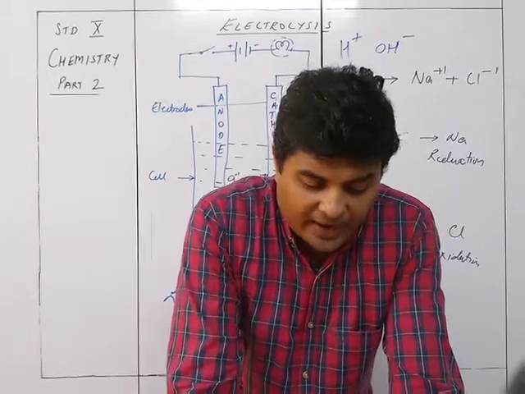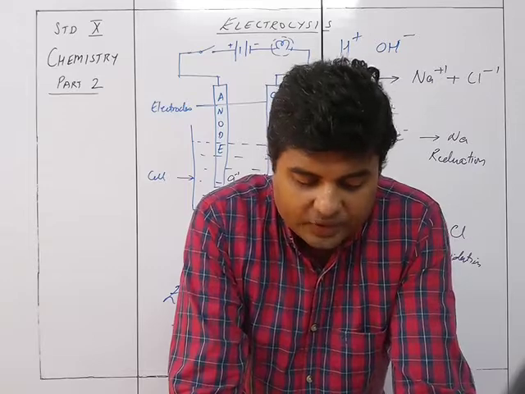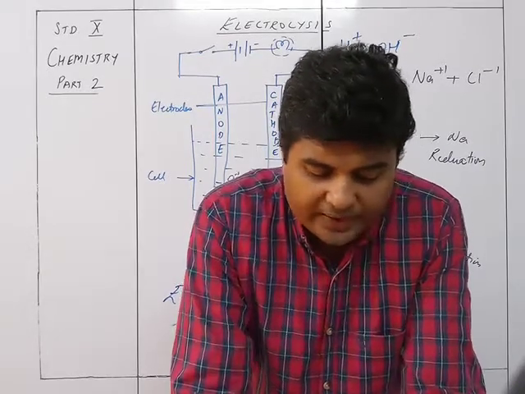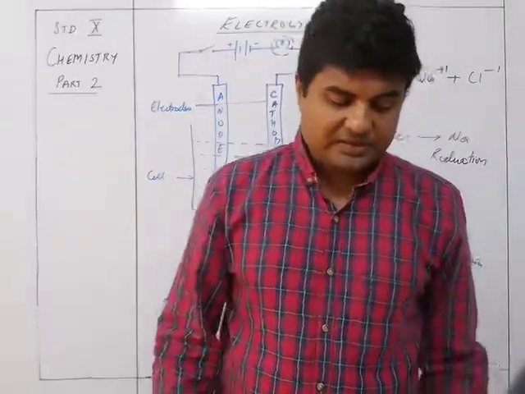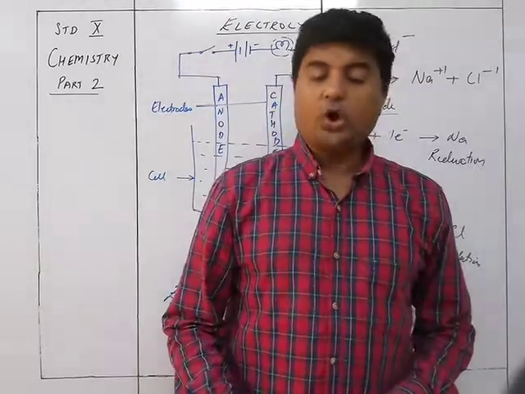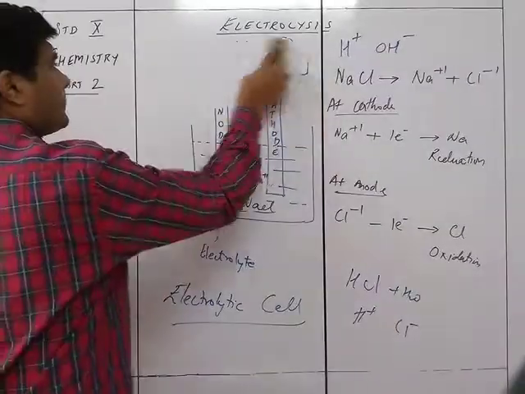Solid sodium chloride is a non-electrolyte and does not allow electricity to pass through it, but dissociates in molten, fused or in aqueous solution state. Thus, sodium chloride will conduct electricity only in fused or aqueous solution state. So let's see this.